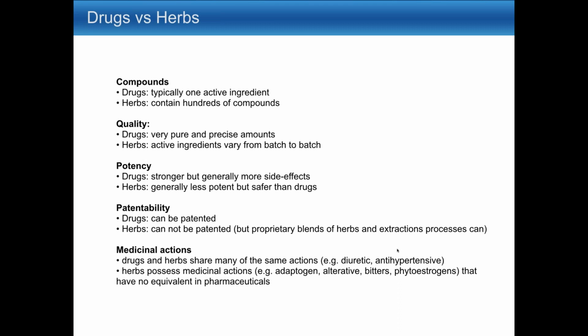There are some differences between drugs and herbs now that it's important to emphasize. When you buy a drug, generally speaking, it probably contains only one substance, or one active substance. I mean, it could have binders and fillers and stuff like that.